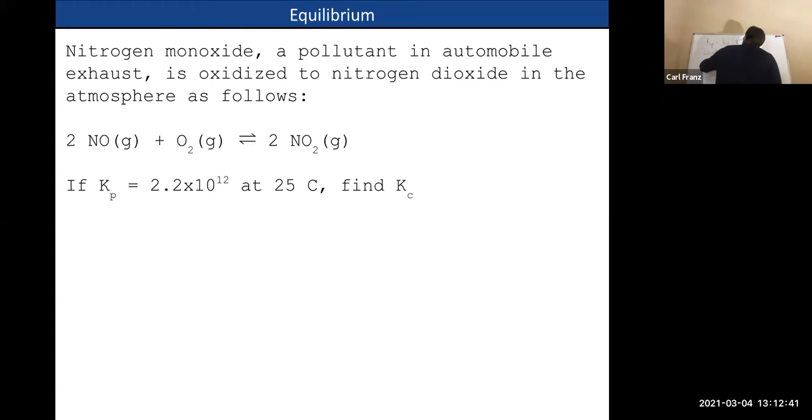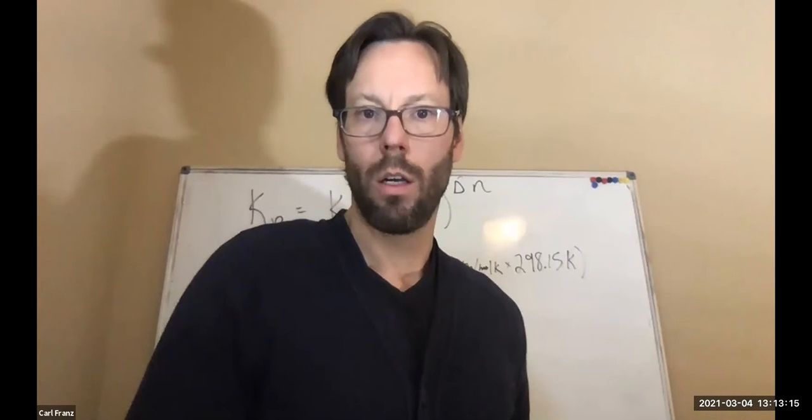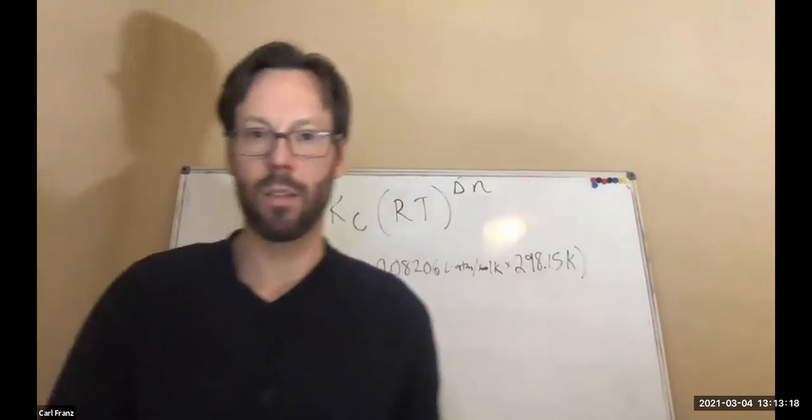R is 0.08206 liters atmospheres over mole K, times, it's 25 degrees Celsius, so 298.15 K, to delta N. What do we get for delta N? Anybody? What do you think delta N is?